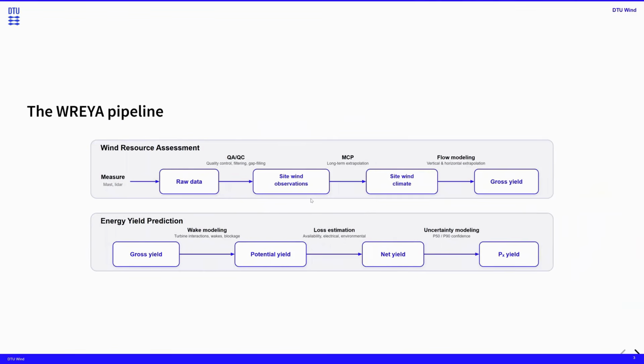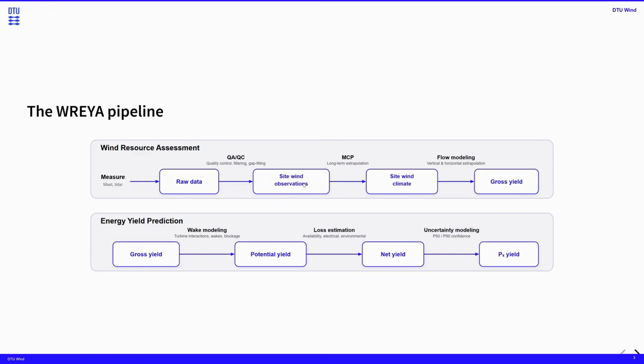Okay, so looking more in detail on this WREYA pipeline, WREYA is, you could say, the wind resource part and the energy yield prediction part. And the wind resource part is where we go from mast to a gross yield by reading in this raw data measured from a mast or from LiDAR, and then going through a cleaning step where we take the raw data and obtain clean, ready time series, which we could call the site wind observations.